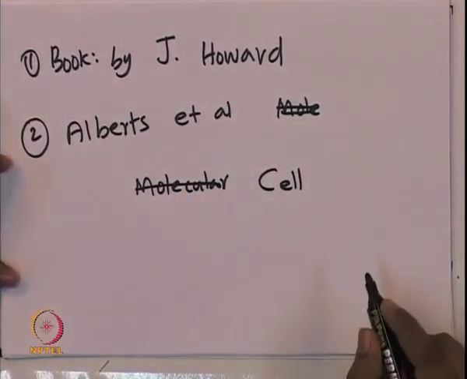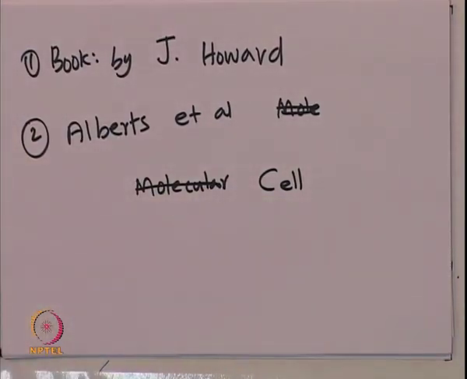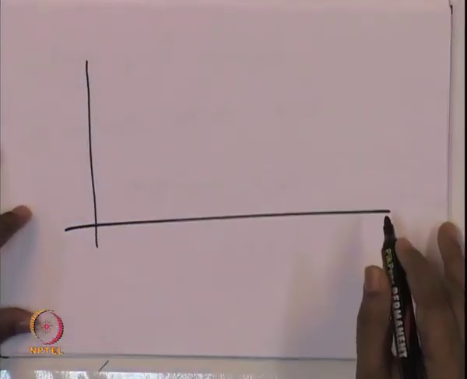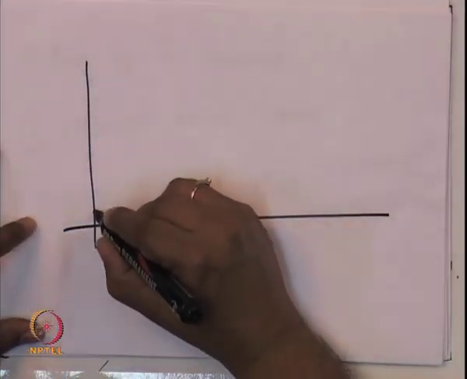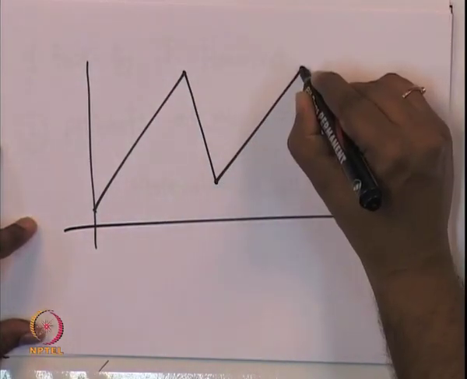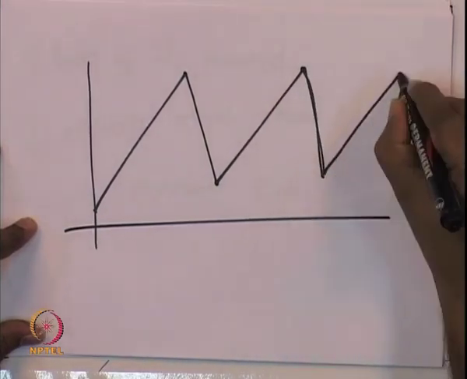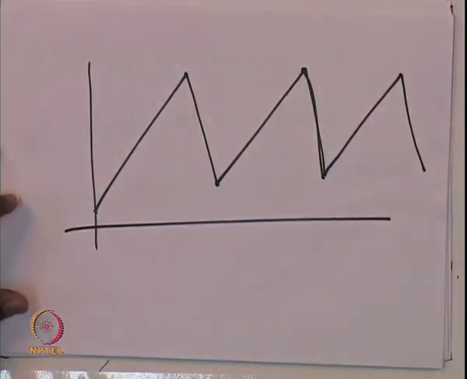I think it is called Molecular Biology of the Cell. So, this is Alberts. These two books will have a nice description of dynamic instability. You can also see videos in Alberts' book, or you could even see it on YouTube, and from those videos it will be clear that the phenomenon is roughly something like this: very slow growth and nearly sudden shrinkage. Slow growth, sudden shrinkage.